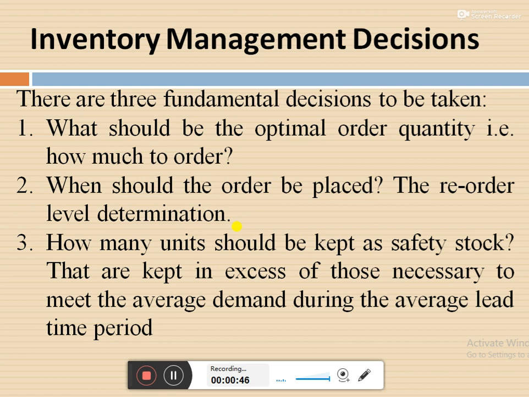The third question is how many units should be kept as safety stock. So in the light of these questions or decisions that need to be answered in inventory management, we will discuss different systems that deal with inventory management.